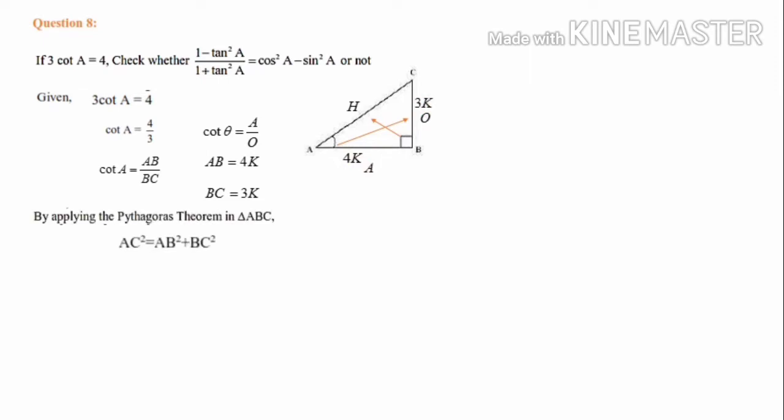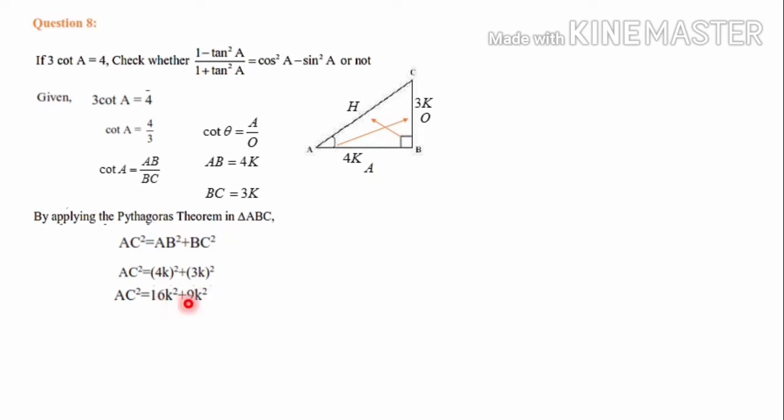By using Pythagoras theorem, hypotenuse square, AC square, is equal to AB square plus BC square. Let's substitute the values. AC square is equal to 4K the whole square plus 3K the whole square. That is 4 square is 16, then K square. 3 square is 9, then K square.